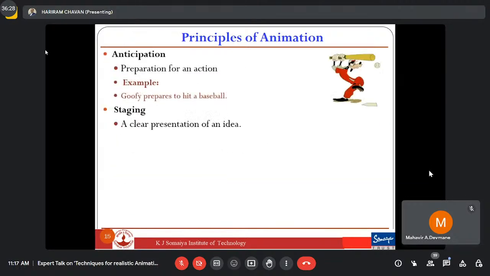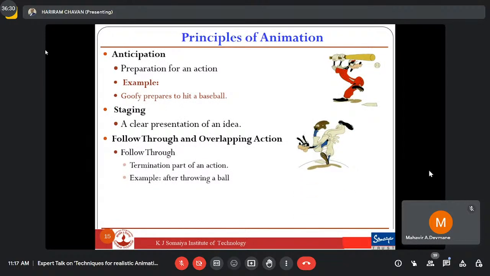One of the examples here, if you can see, is anticipation, which is one of the principles for generating animation. The moment you combine these two things, first time and second anticipation, in this particular thing you are thinking about how Goofy is preparing himself to hit the baseball.